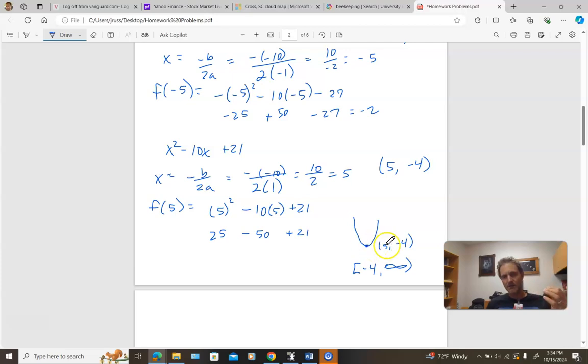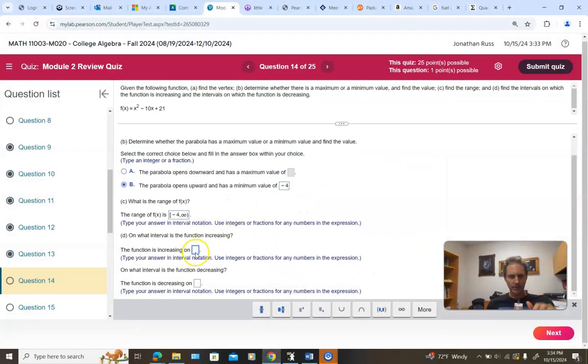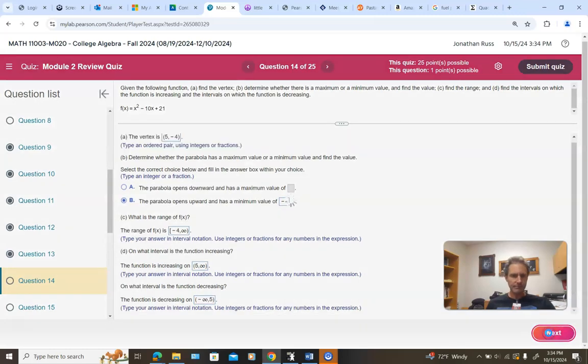So from 5 to +infinity, that's where it's increasing. And so where is it decreasing? Well, on the other side. So from -infinity all the way up to 5. Okay? So that should be it.